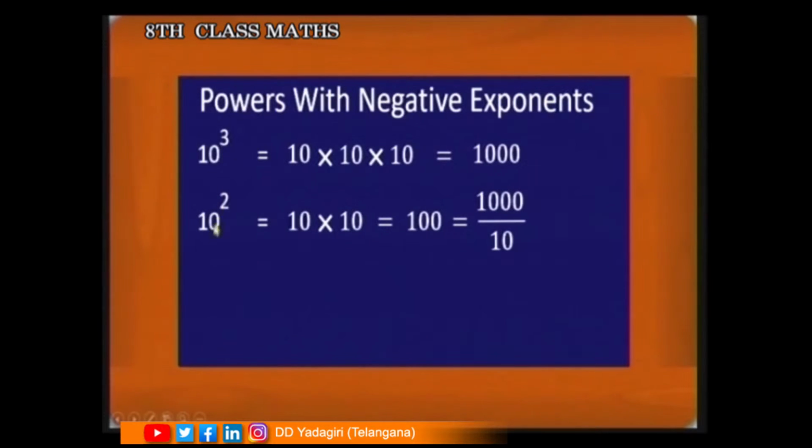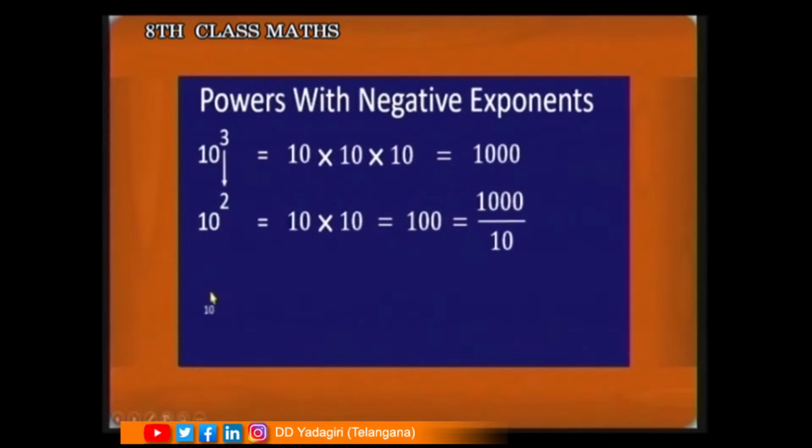Here from 10 cube to 10 square, the exponent is decreased by 1 unit, and when the exponent was decreased by 1 unit, the answer was 10th part of the previous value.